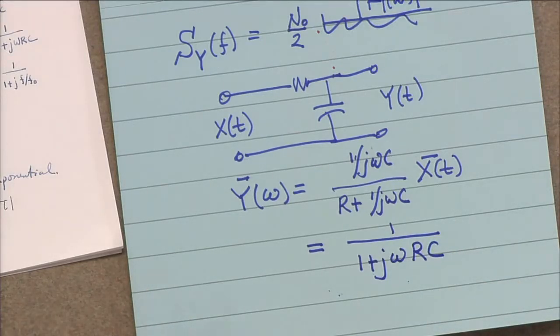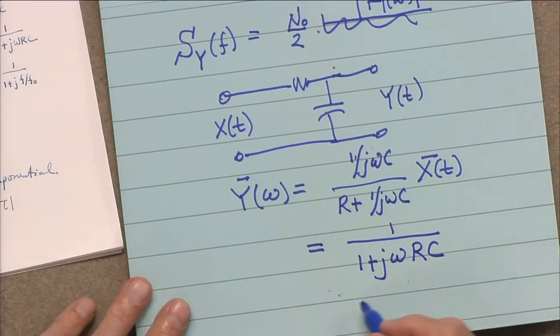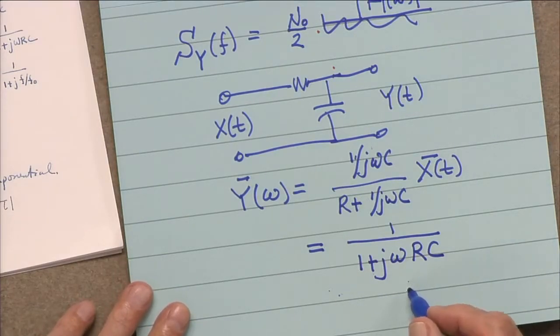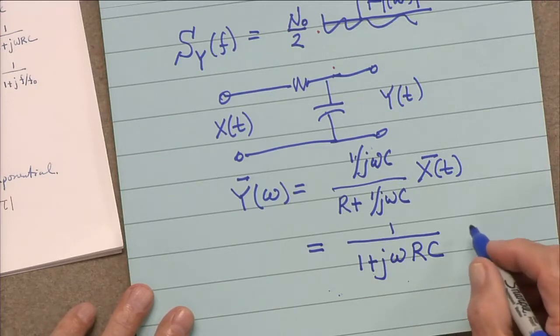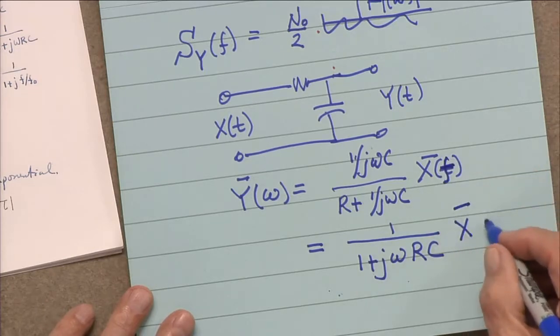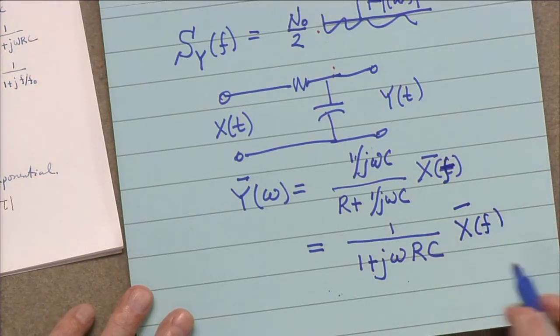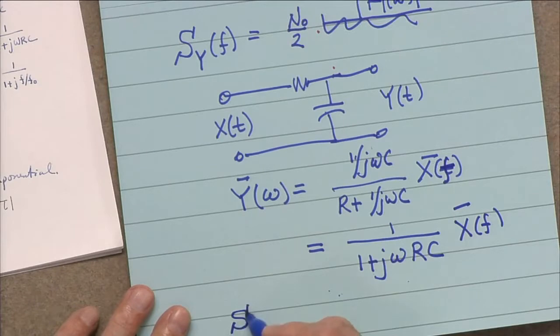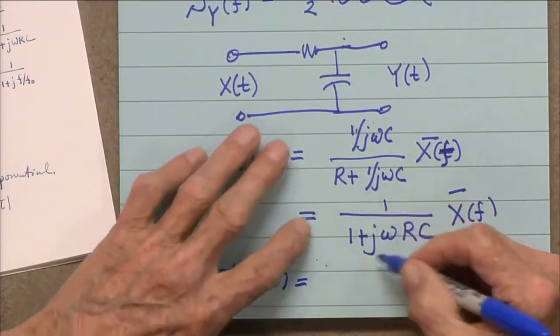And so we can write this as H times X bar of f. And so the output power spectral density of Y happens to be this thing squared.